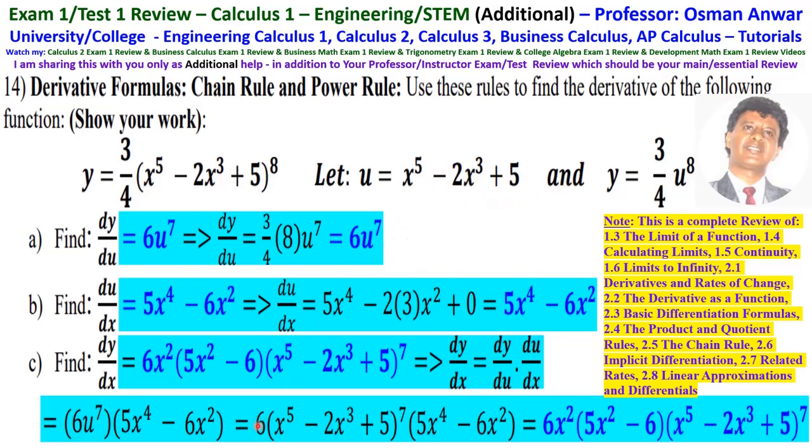This becomes 6 times (x to the 5 minus 2x cubed plus 5) to the 7 times (5x to the 4 minus 6x squared), and that is equal to, if you factor out x squared from here, 6x squared times (5x squared minus 6) times (x to the 5 minus 2x to the 3rd plus 5) all to the 7. Okay.